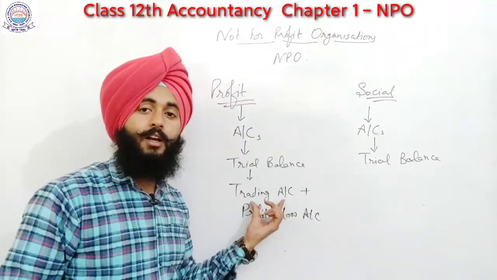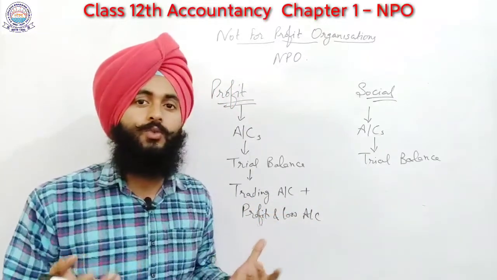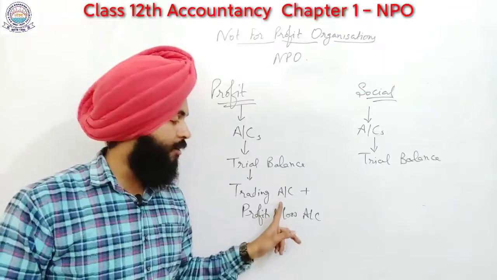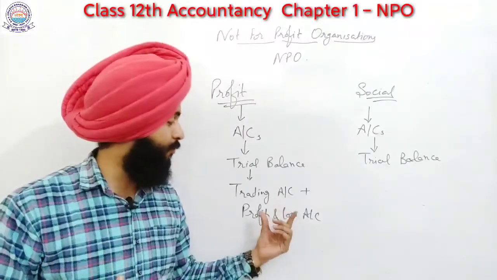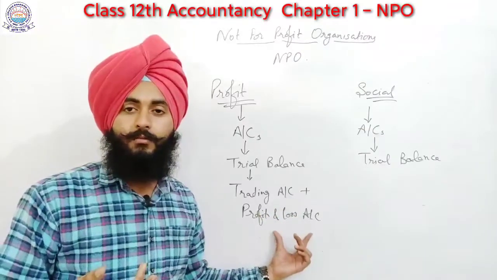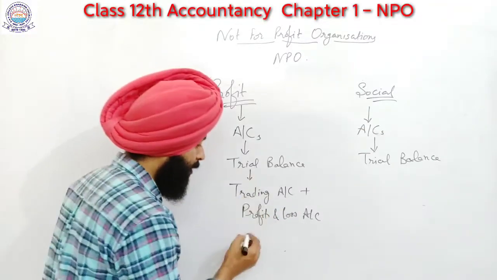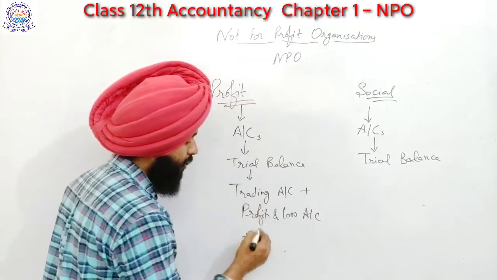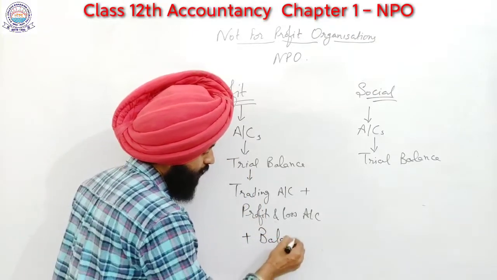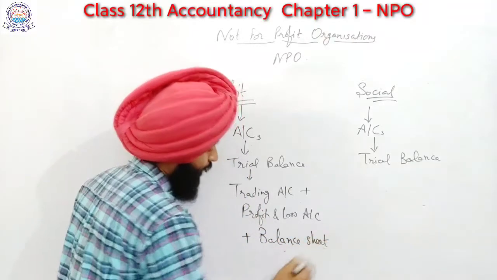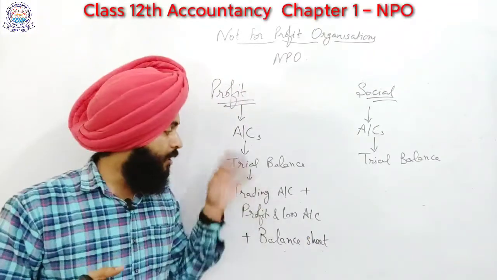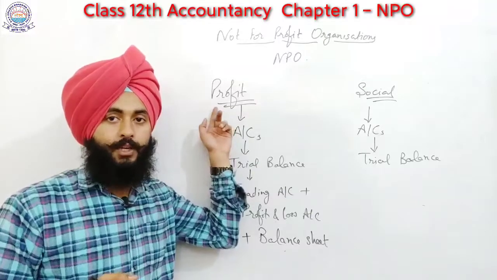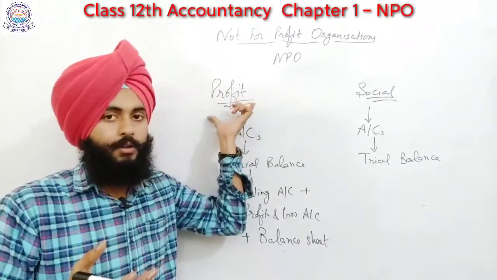We were making trading account just to know the gross profit, and to know the net profit we used to make profit and loss account. And the main thing, the balance sheet, it was there. So we had these three things when we were learning the accounts of the activities related to profit.